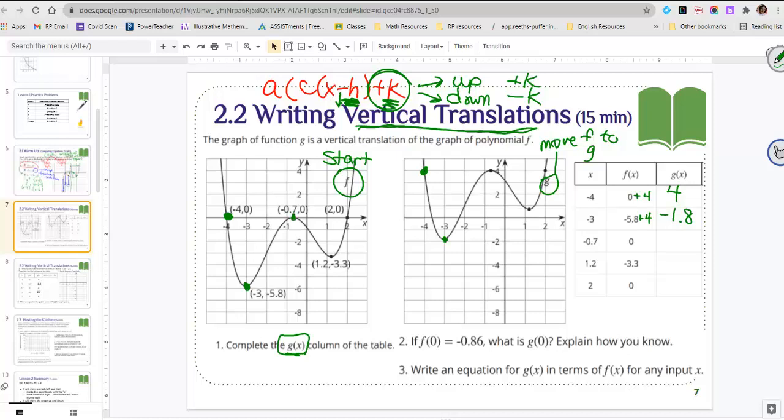So our 0 happening at -0.7 is still happening at -0.7, but it's not a 0 anymore. It is slid up 4 units to be at a +4. So everything is just adding 4 units to it. It's sliding up 4 units.